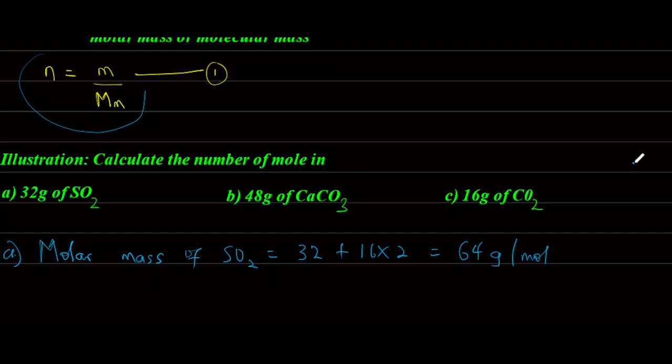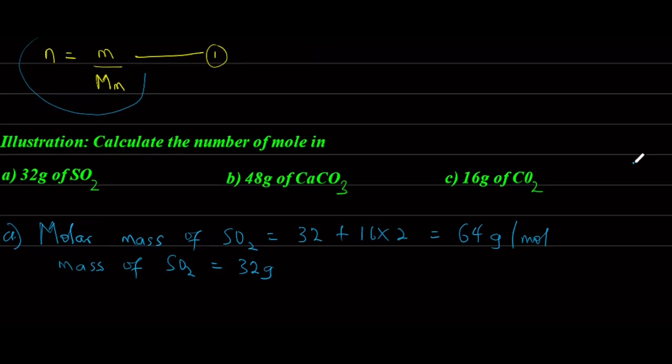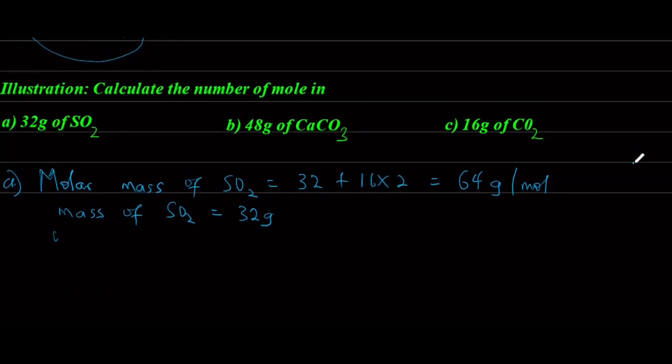Since we have the molar mass and the mass of SO2 given in the question, that is 32 gram, we can therefore use the equation: number of moles equals mass over molar mass.